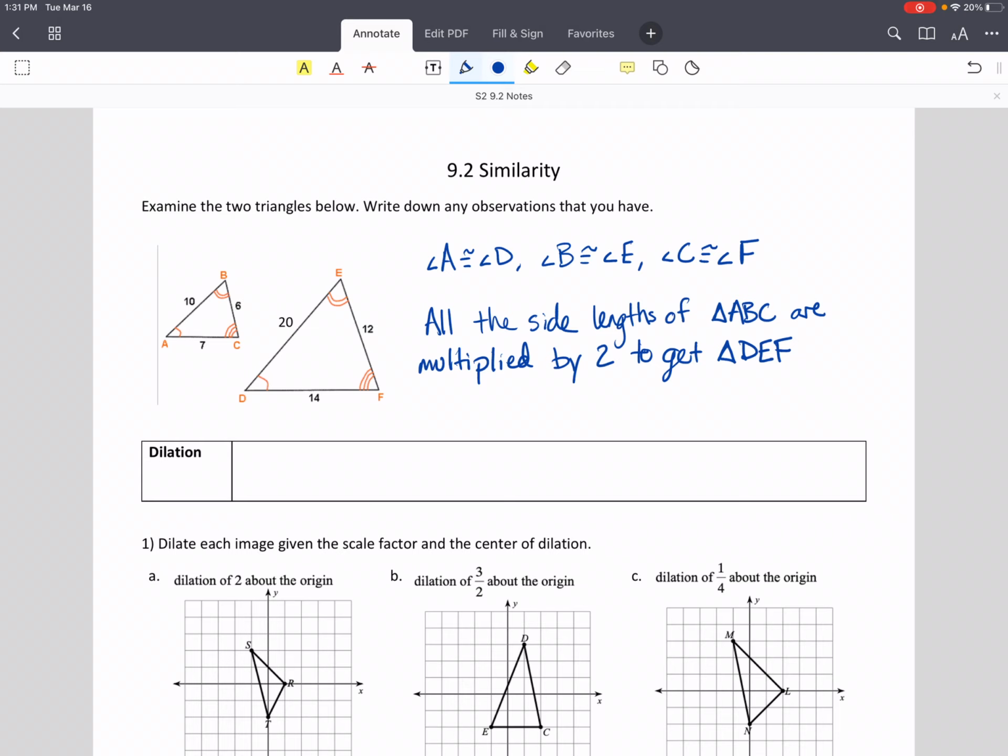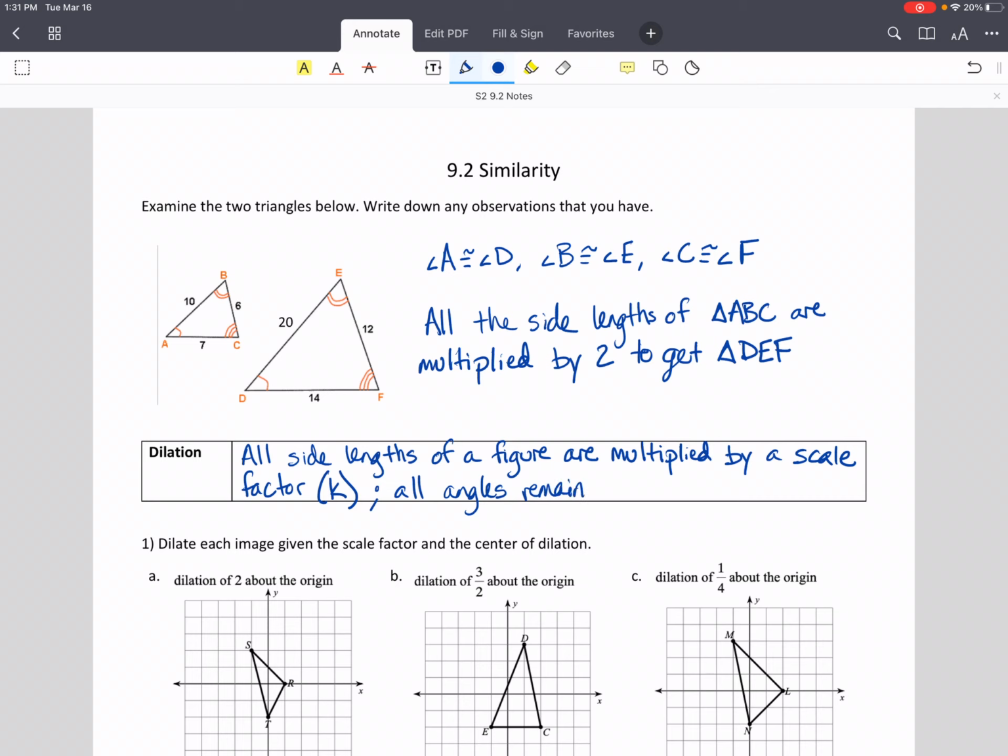So dilation: all side lengths of a figure are multiplied by what is called a scale factor, which we're going to represent with the letter K. Since the side lengths are going to get bigger or smaller, but they're all maintaining that same ratio of enlargement or reduction, all the angles are going to stay the same.